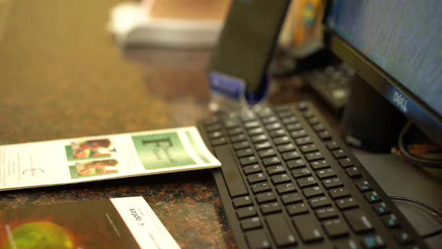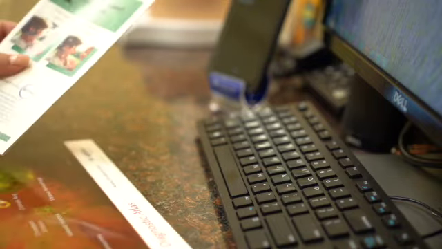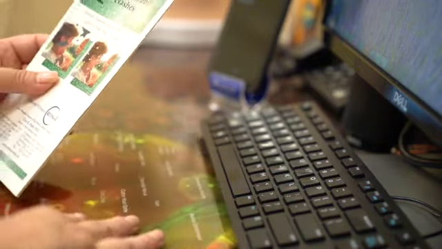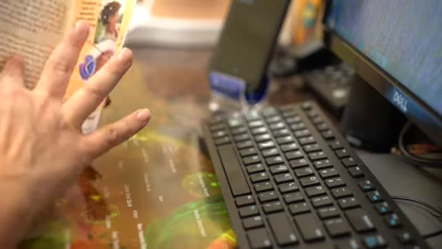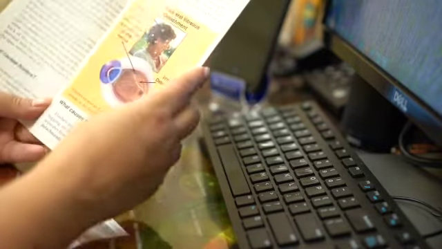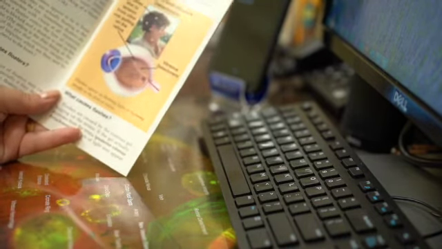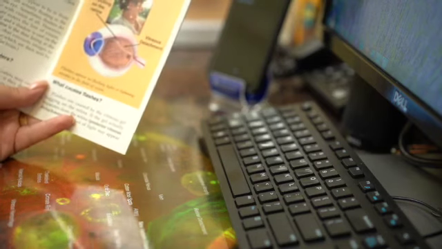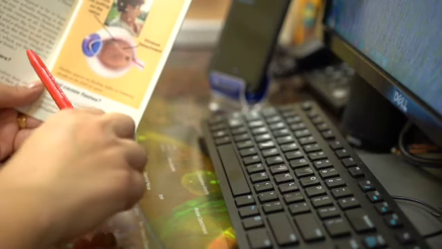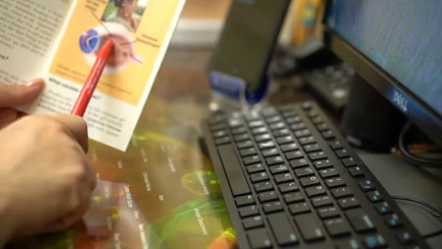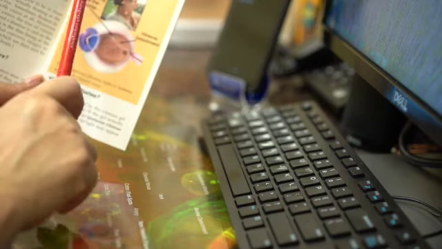All right, so as I explained earlier, the retinal tissue is very delicate, okay? And sometimes the retina can detach from the back wall of the eye.